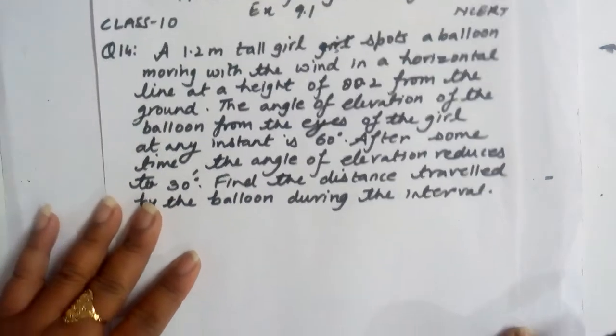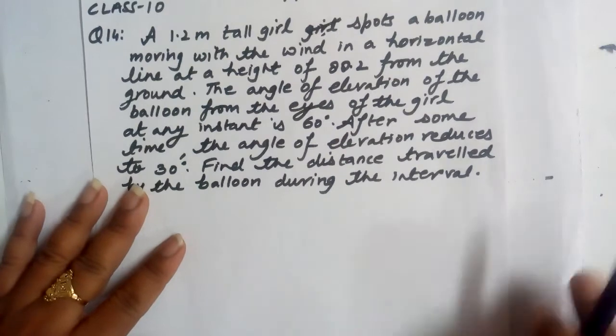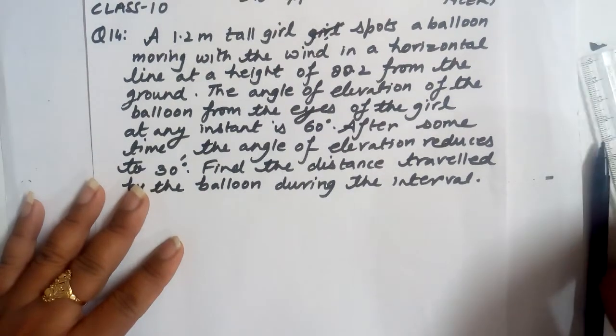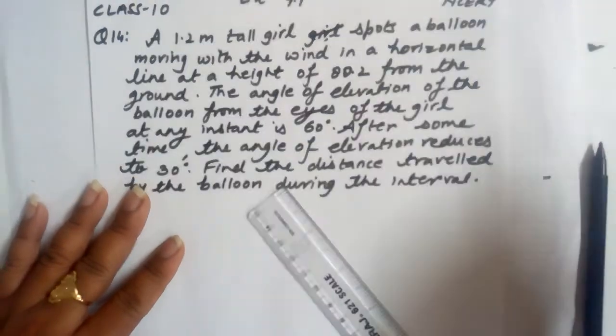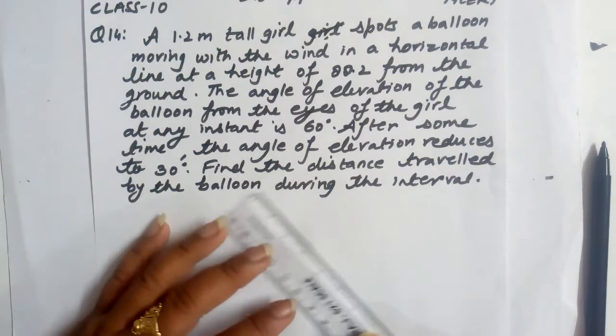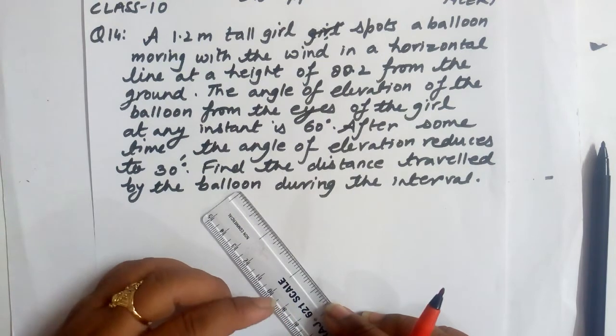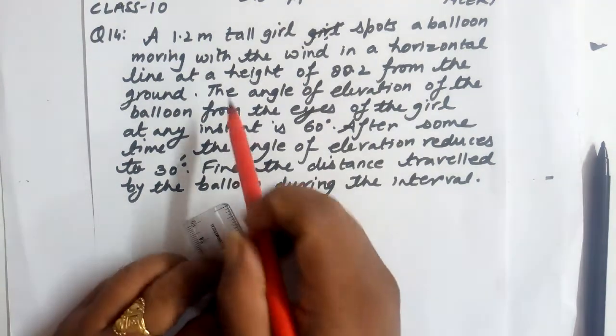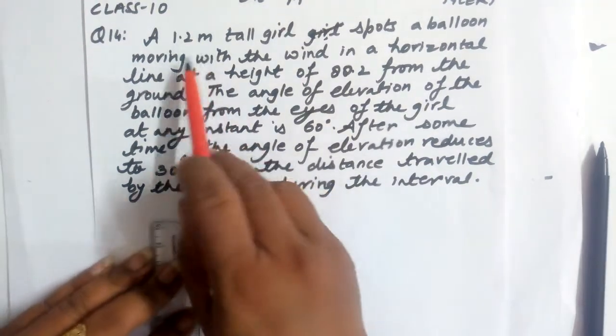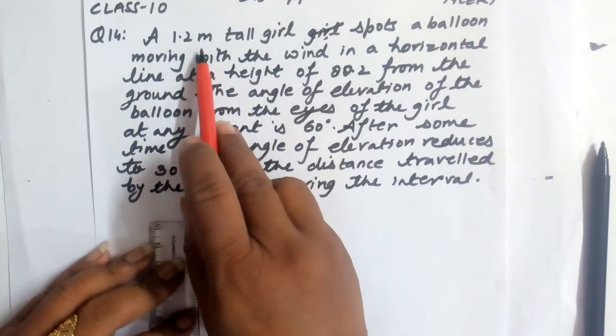Of course, the very first thing that we have to do is draw the figure. The figure is also given in the NCERT, but we should practice drawing the figure according to the question by ourselves. So first of all, we can read the question again. A 1.2 meter tall girl.